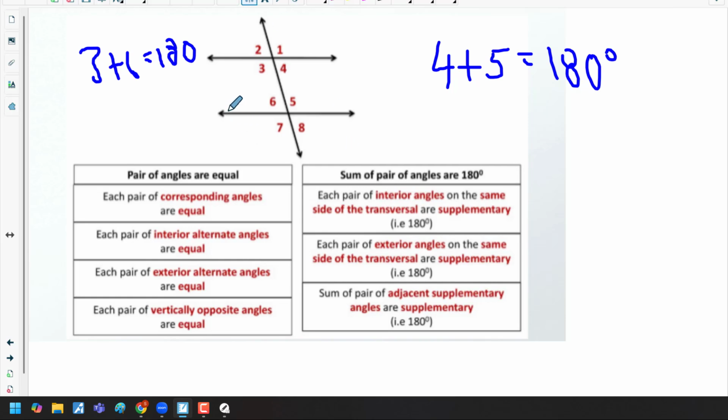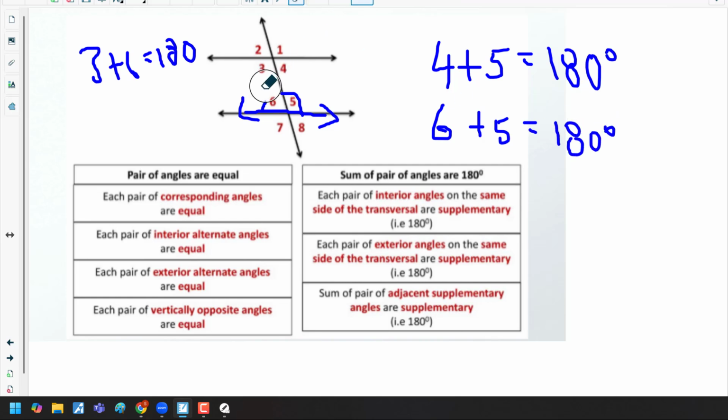There's also angles that are on the same line. So what do I mean by that? So this is the same line. Angles 6 and 5, if we add them together, is equal to 180. But not only 6 and 5, you also have 7 and 8 that are on the same line, but it's just underneath.